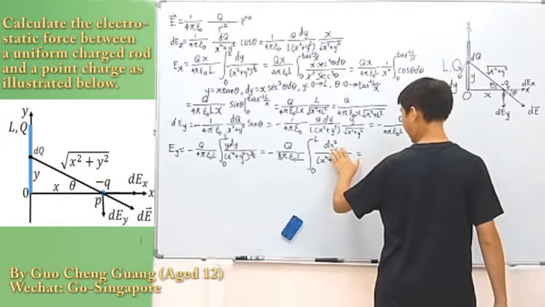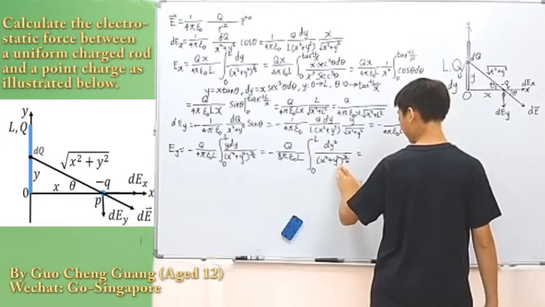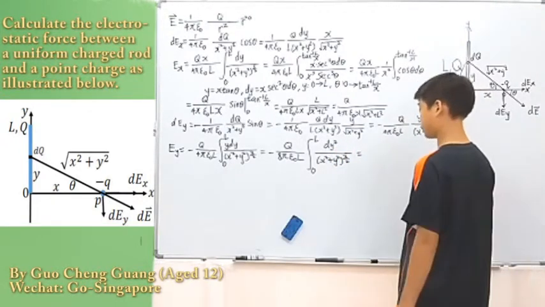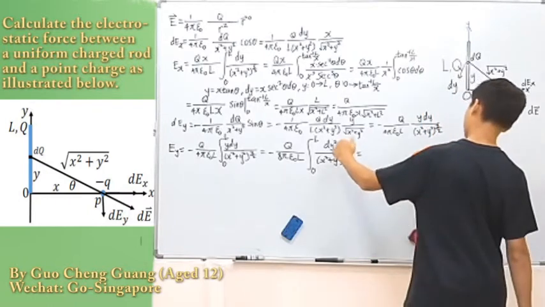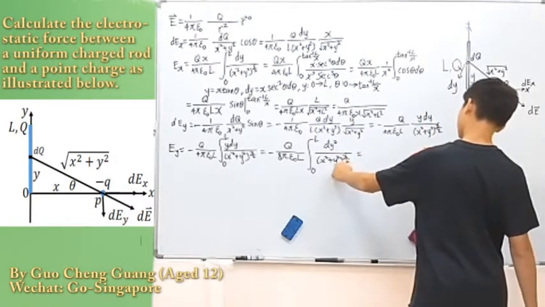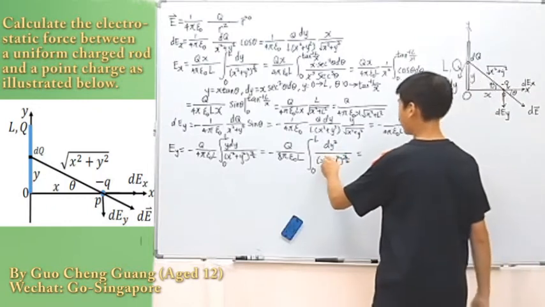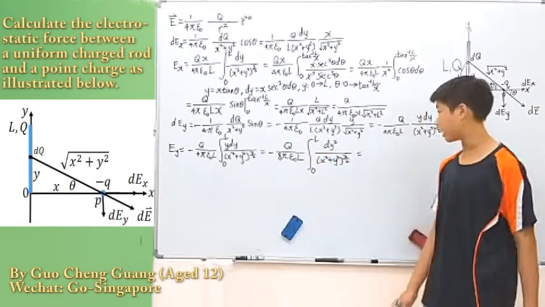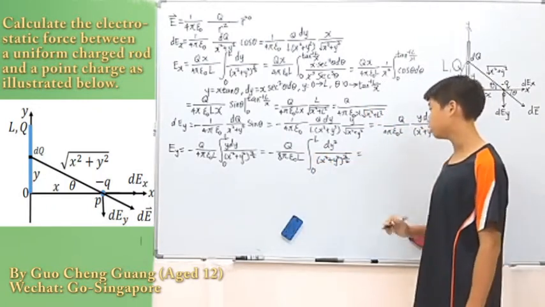From this part, you can realize the y squared terms are pretty much the same already, so you can just take this x squared in front as a constant.